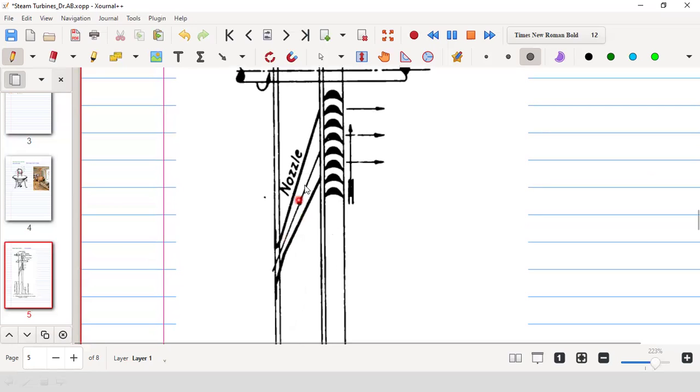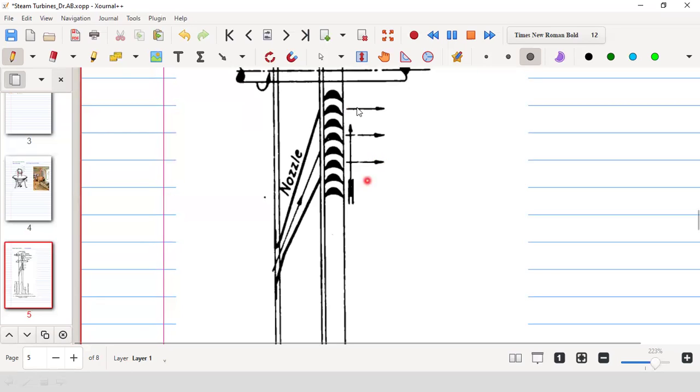This is the direction of velocity of the steam in the nozzle, and this is the direction of the velocity of the blade, and this is the direction of velocity of the steam in the axial direction. That means at the exit the steam will come out as an axial flow only.